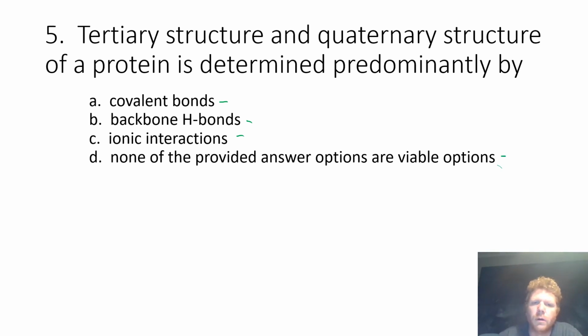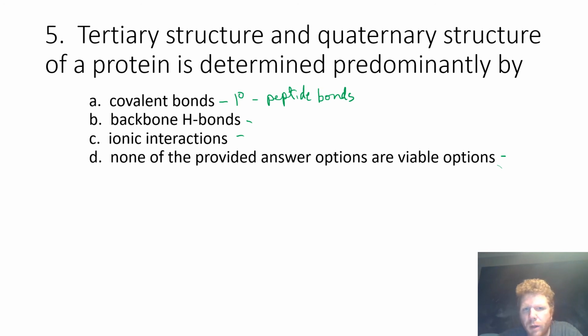Your primary structure is dictated by covalent bonds, and those covalent bonds specifically are peptide bonds. So that's not going to be the predominant force that drives the quaternary and tertiary structure of a protein.